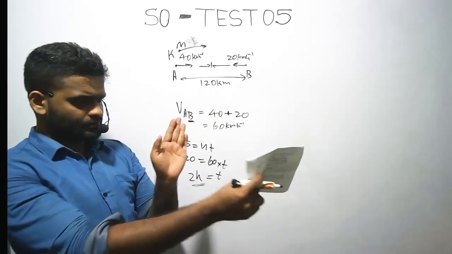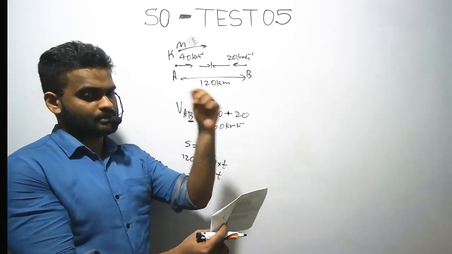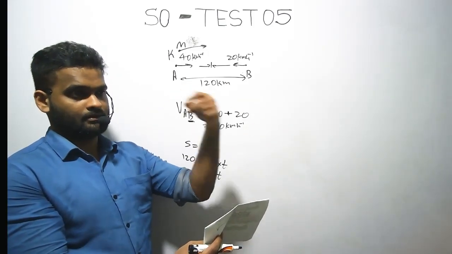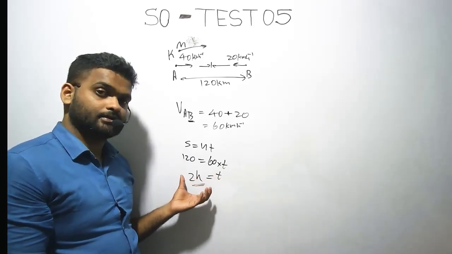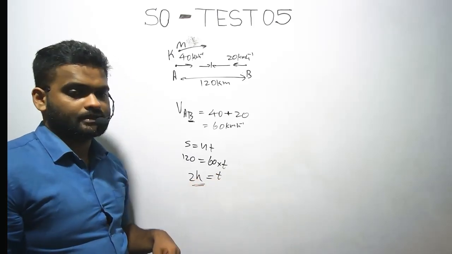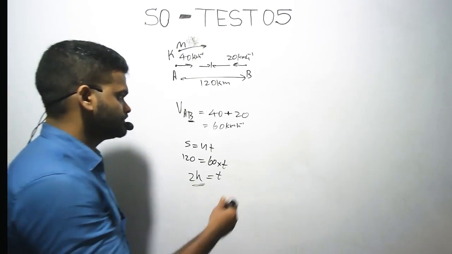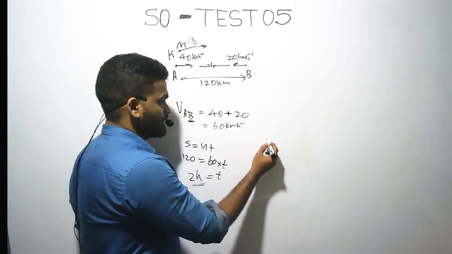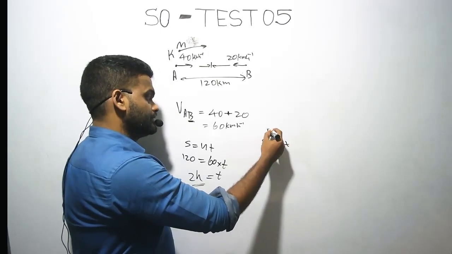So while those trains are approaching, the bird has been moving between A and B throughout these 2 hours. So how to find the total distance that the bird has moved? Just apply S equals U T to the bird.